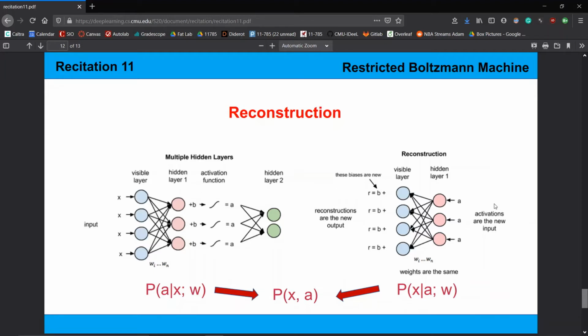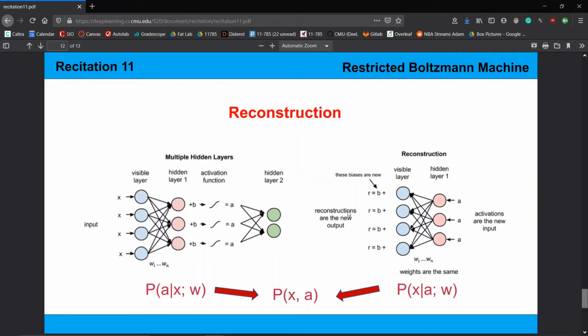Now I'll be discussing the reconstruction, like the forward pass, and comparing them. When we go backwards, we feed the activations in the reverse manner. The activations are the new input. Also, the biases in the reconstruction are new, so these are brand new parameters in the model.